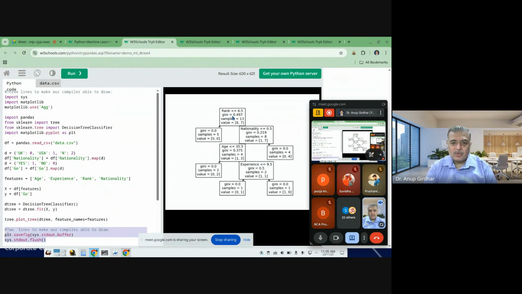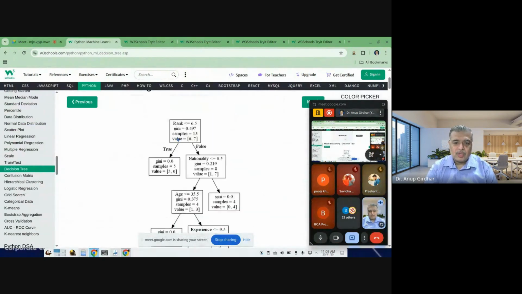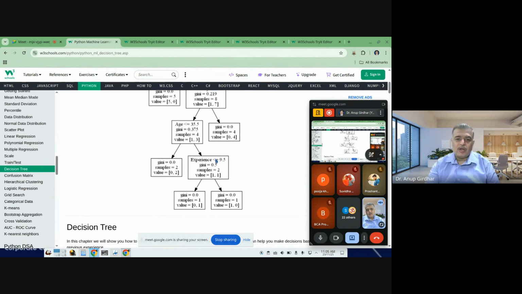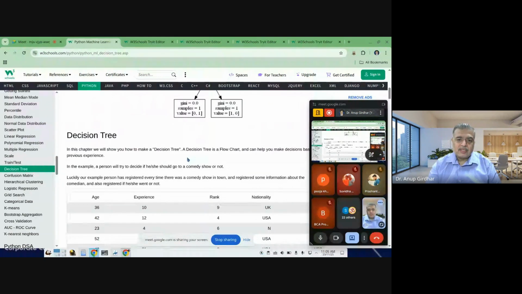Accordingly, they find the Gini value, and the total number of samples is 13. So out of 13, 6 comma 7. You can see on the top what this is all about. They mention things like rank, and this is the purpose, to identify, and you got a tree on that basis. Understood? This is how it works.